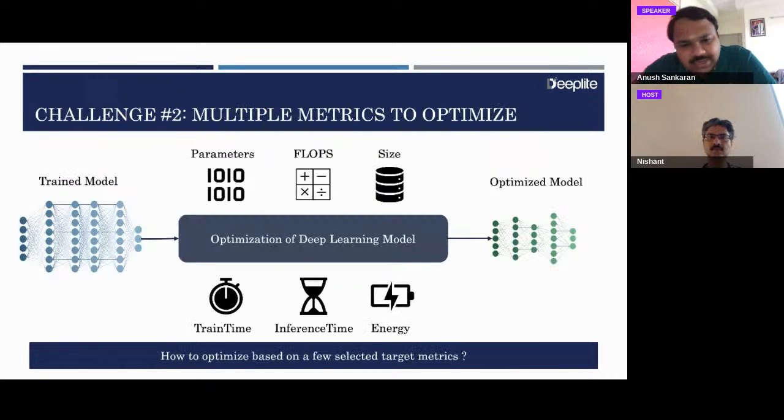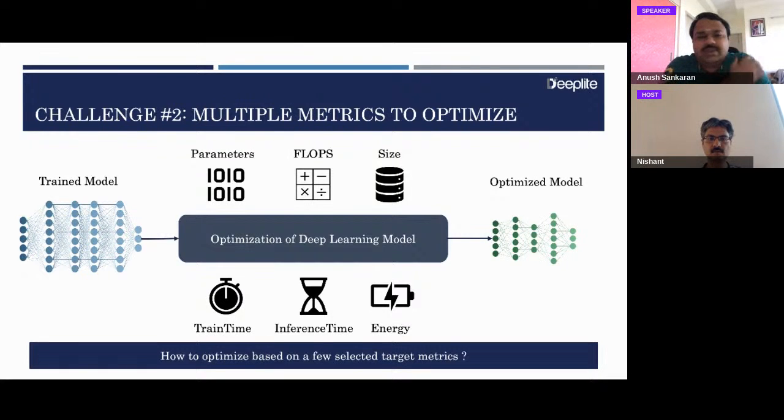The second thing we need to focus on, from one of the questions that was asked, is that we need to start focusing on multiple metrics while we are using a deep learning model. Often the only metric that we focus on right now is the accuracy of the model. If the accuracy is good enough, it's good enough for me. But when we want to put these models into production on a deployable system, there are so many other parameters that we need to consider.